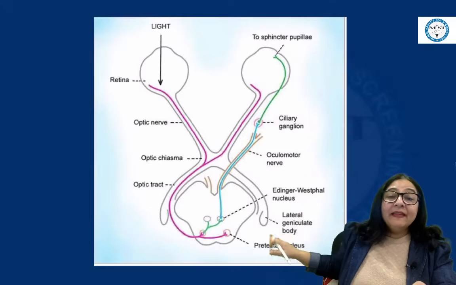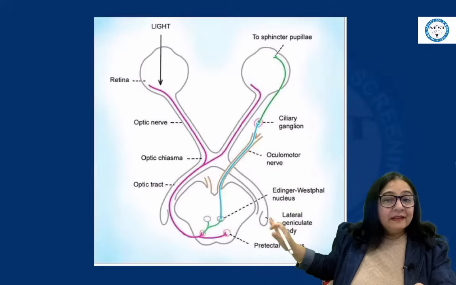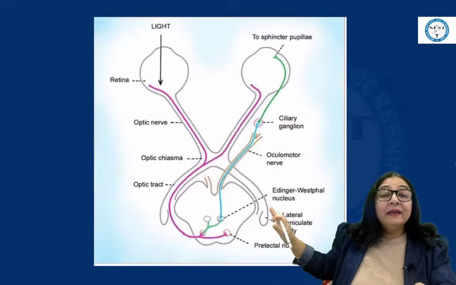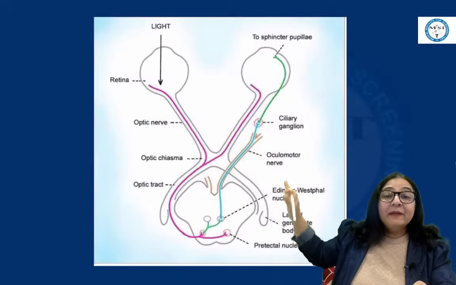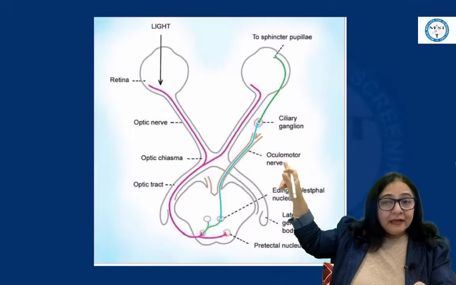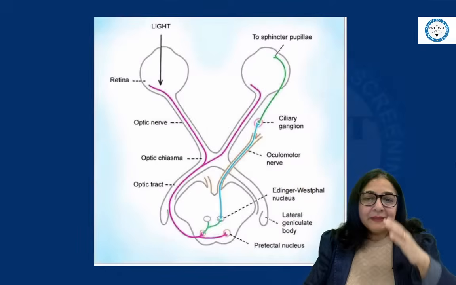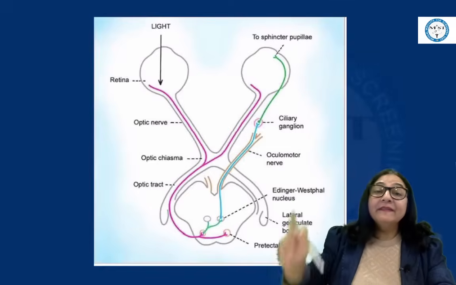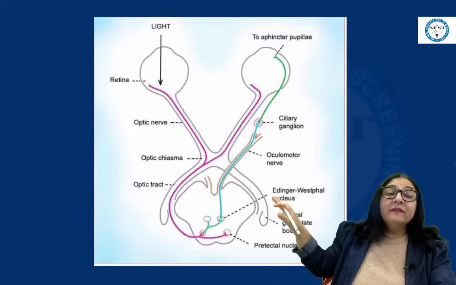These fibers then go to the pretectal nucleus, and from there internuncial neurons connect them to the Edinger-Westphal nucleus. Then the efferent fibers are taken by the oculomotor nerve or the third nerve to the parasympathetic ganglion, which is your ciliary ganglion in the orbit, and from there the parasympathetic or postganglionic fibers reach the sphincter pupillae. Okay, so this is about the other choices which were there.